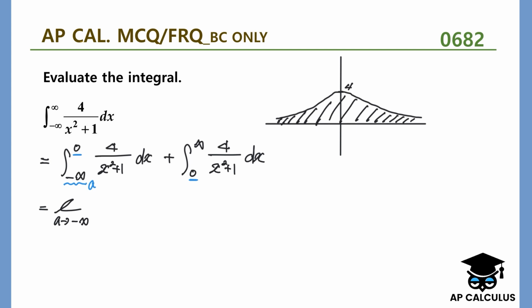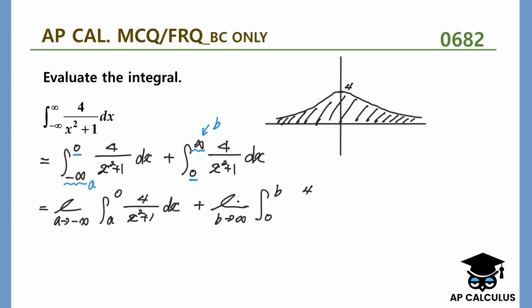So limit as a approaches negative infinity, integral from a to 0 of 4 over x squared plus 1 dx, plus the limit, this time I'm going to write b, as b approaches infinity, instead of infinity I have b, integral from 0 to b of 4 over x squared plus 1 dx, right?